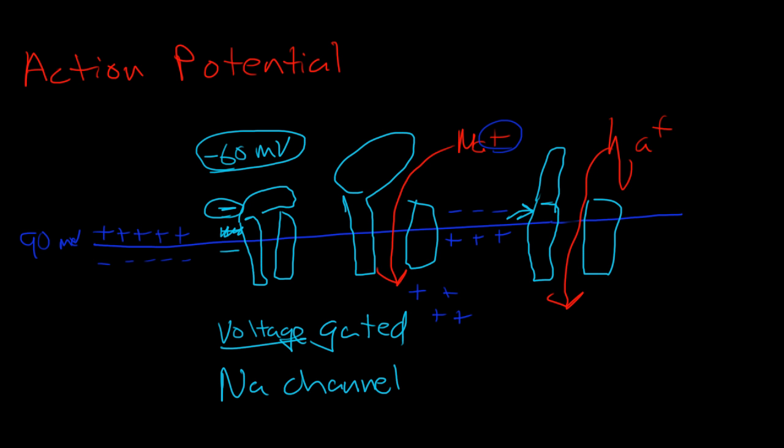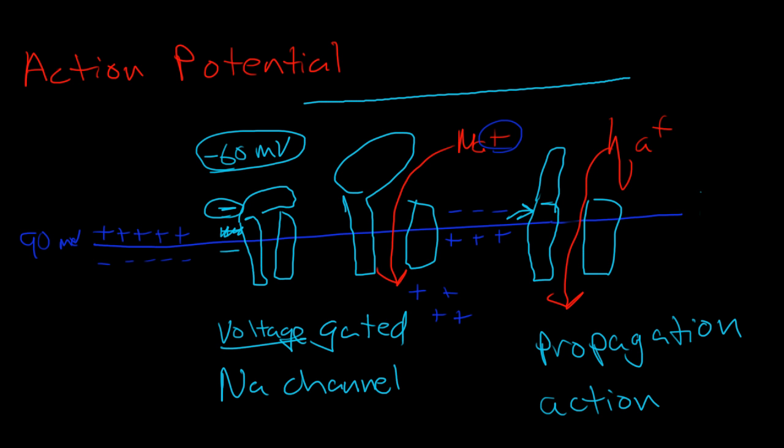And this is called the propagation of the action potential. So the information is being passed on from sodium gate to sodium gate on down the cell membrane, on down the axon.